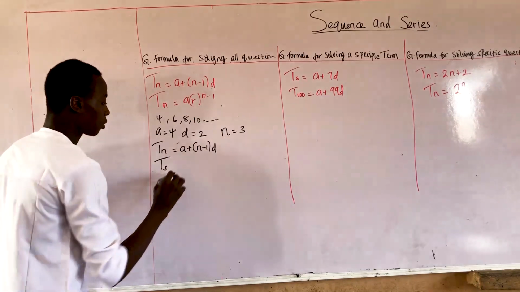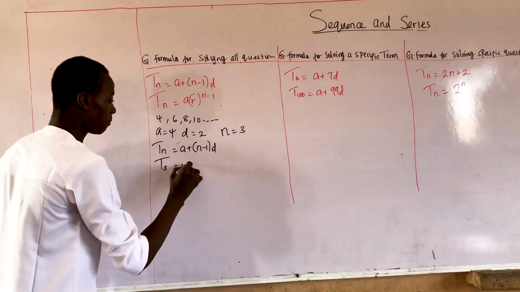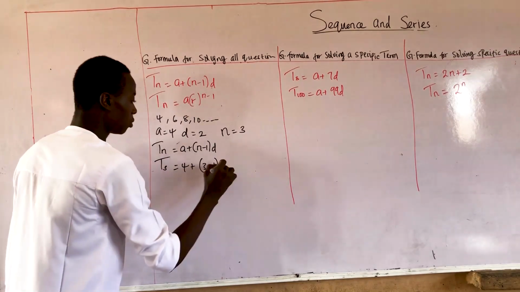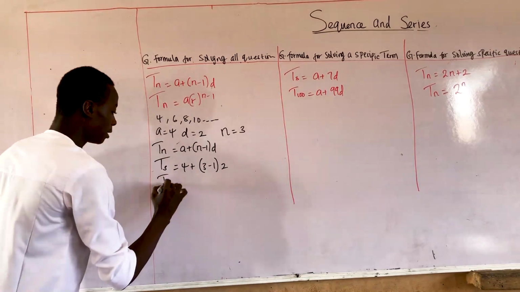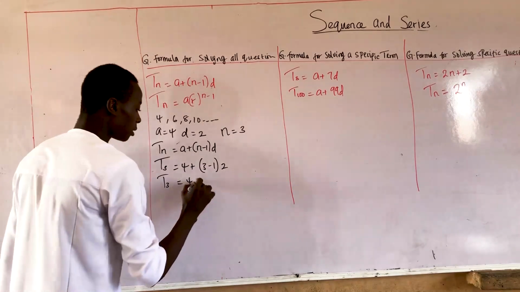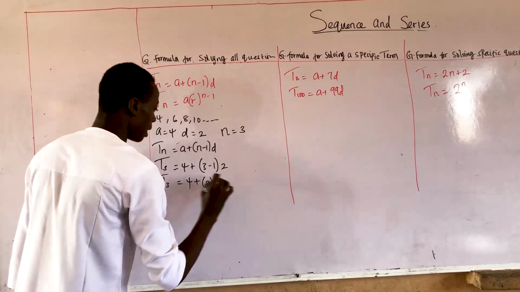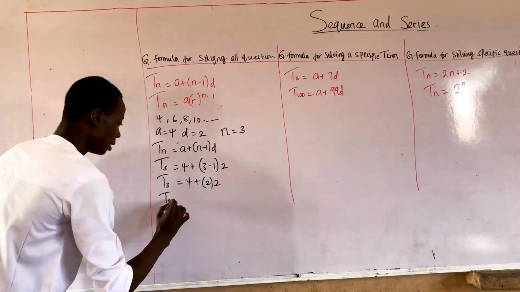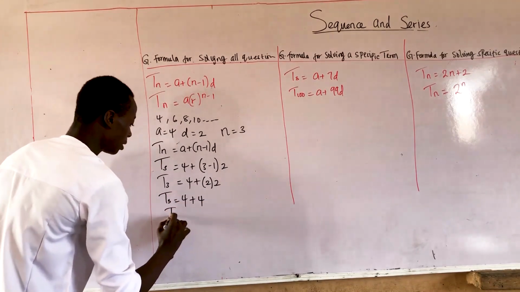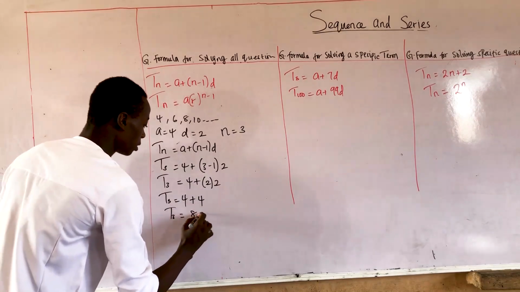We are looking for the third term, which is equal to, what is our first term? 4 plus open bracket 3 minus 1 close bracket 2, right? So T3 is equal to 4 plus, 3 minus 1 is 2, times 2. So T3 is equal to 4 plus 2 times 2, which is 4 plus 4. So T3 is equal to 8.